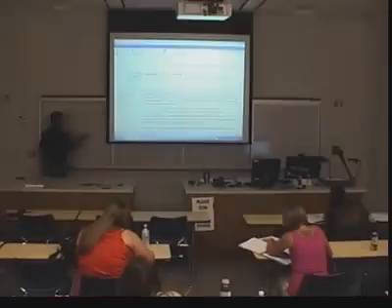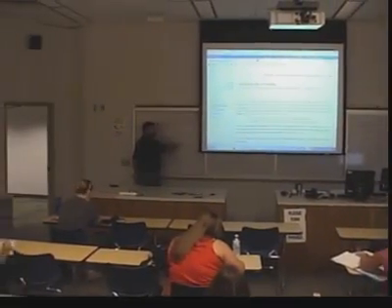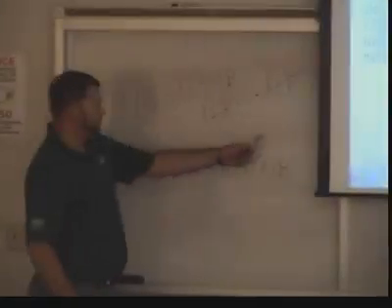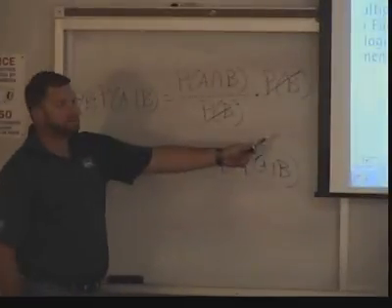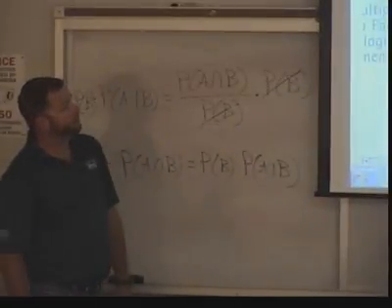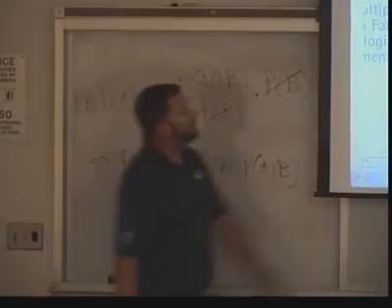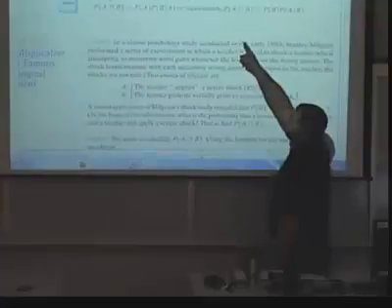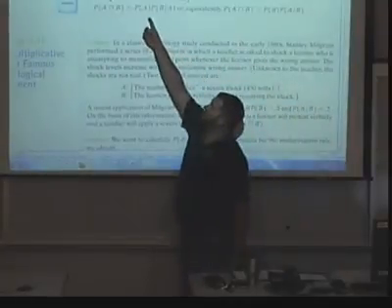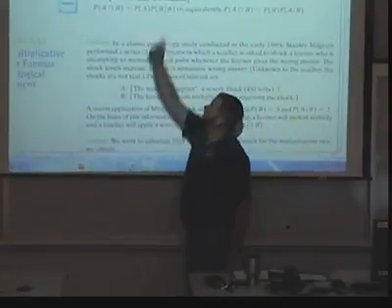And remember that multiplication is commutative. I can change the order of those and it's the same thing. 2 times 3 is the same as 3 times 2. That's why it says 'or equivalently'. Notice how here they have probability of A because that's the second thing listed here.